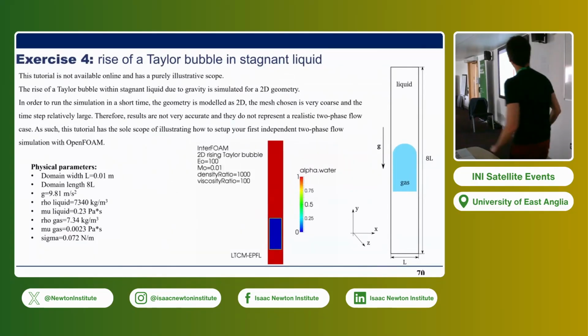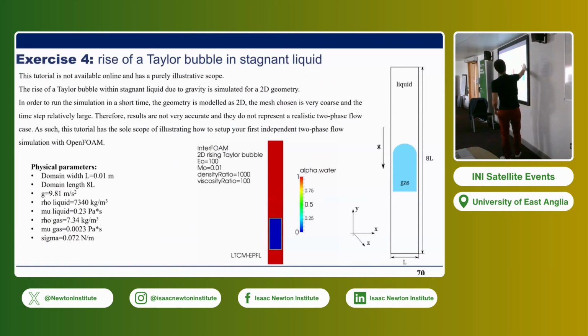So in exercise 4, we want to study this problem of gas bubble rising in a liquid filled channel with no bulk motion. And I'm providing here the parameters to use in terms of domain width, fluid properties, and surface tension.